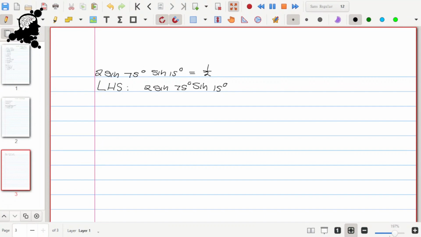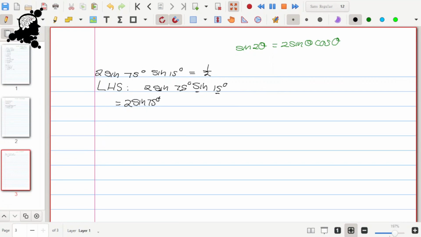As this expression currently stands, we cannot use the double angle identity for sine because, first of all, our angles are not the same, and secondly, we've got the same trig ratio. Remember that identity again: sine of 2 theta is equal to 2 sine theta cos theta. So let's see what we can do here. Let me leave the 75 degrees as it is.